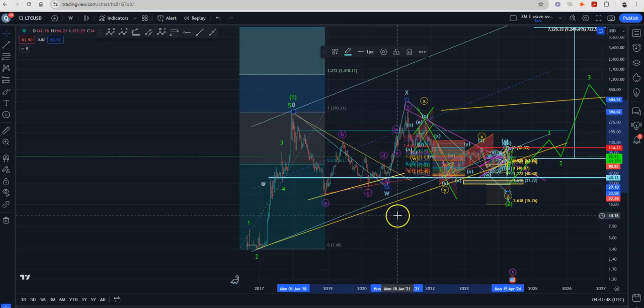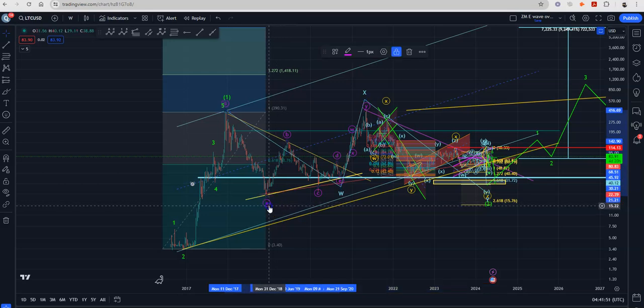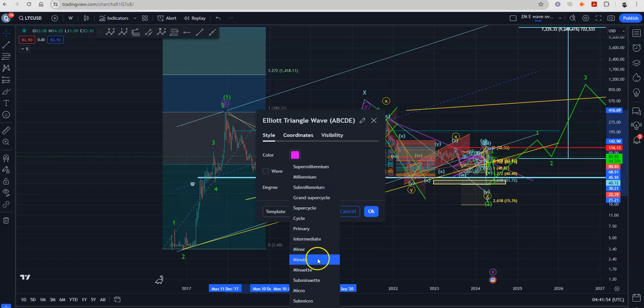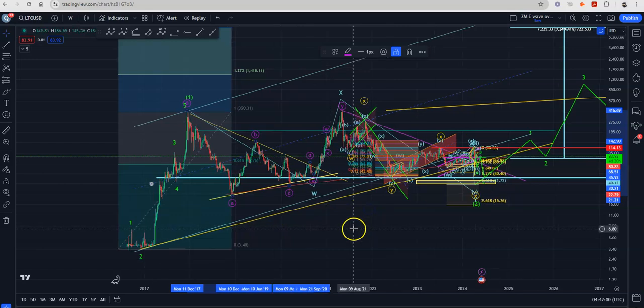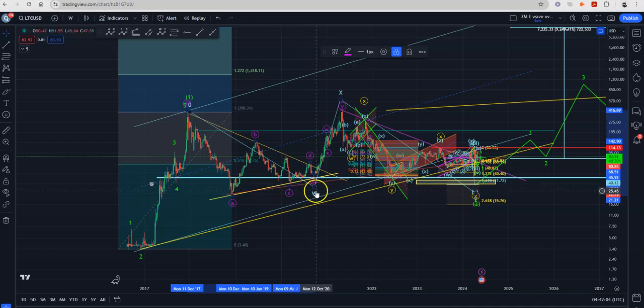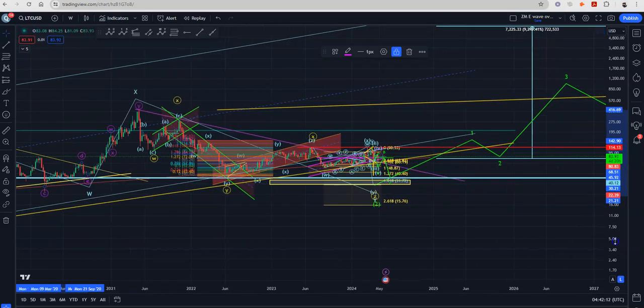Excuse these waves here. This should be minute. Oh, it is minute. Would you look at that? Excuse me. It's minute wave W. Minute wave A, B, C, D, E for a W triangle. W, X, Y. And we've done this count before.